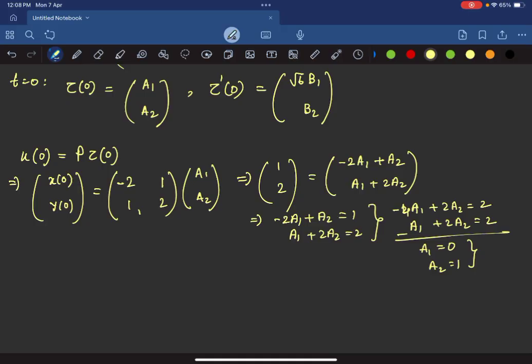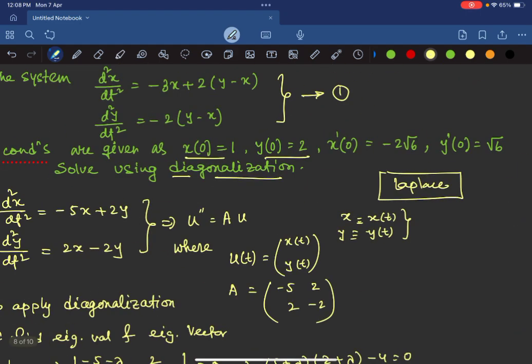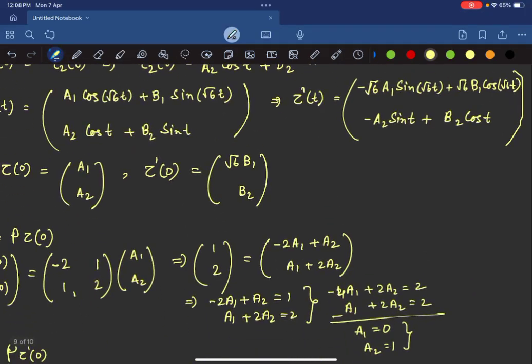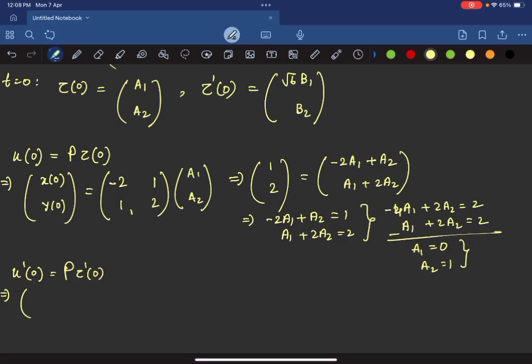Similarly, if we apply u dash 0, it is p z dash 0. So here u dash 0, just put the values, which is minus 2 root 6 and root 6. Here the values are minus 2 1 1 2, here root 6 b1 and b2.